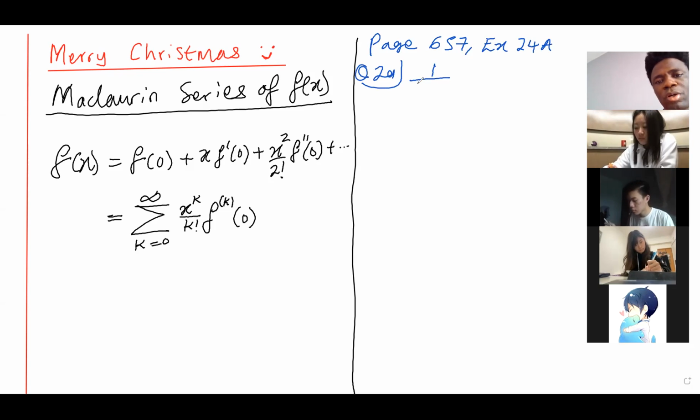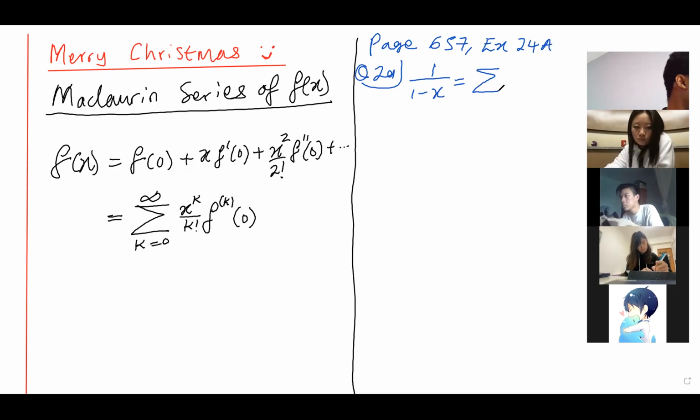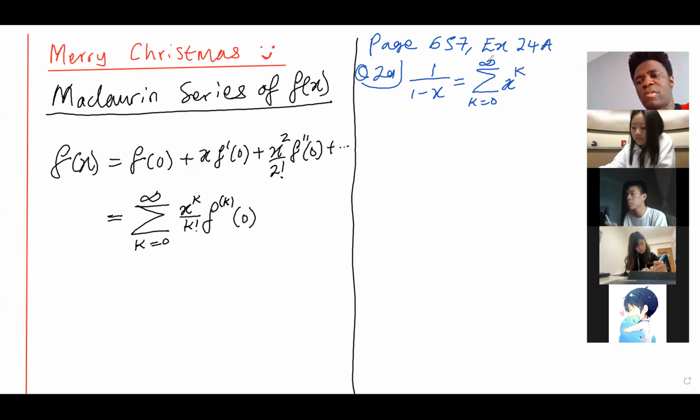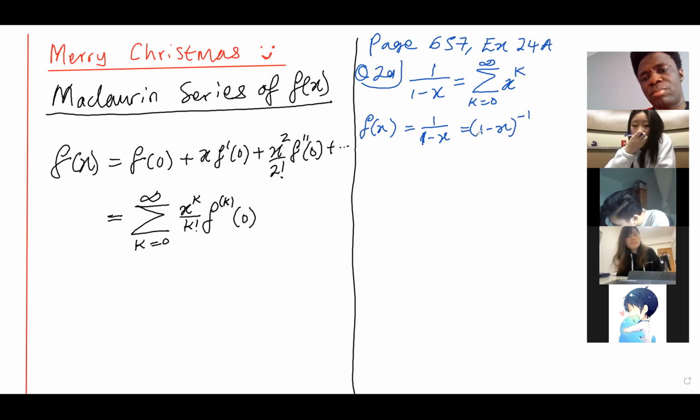So 1 over 1 minus x is given as the summation of x to the power k, starting from 0 to infinity. So clearly, our f of x here is this rational function, which we just have to write as 1 minus x to the power negative 1.